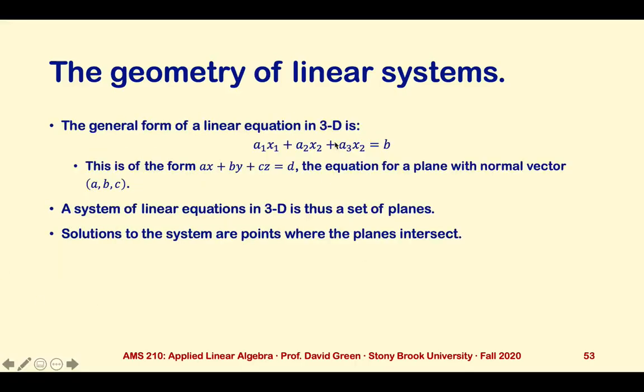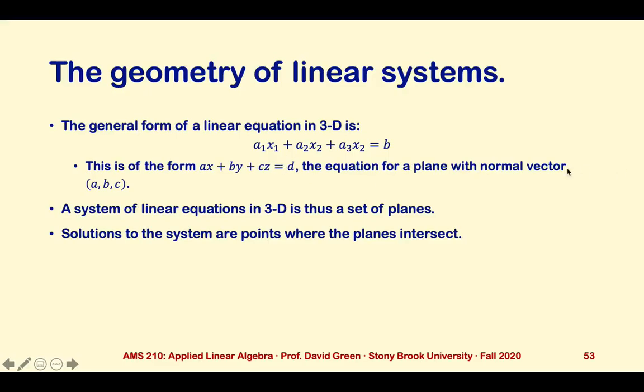In 3 dimensions, with 3 variables, the general form of a linear equation is something like this: a constant times the first variable plus a constant times the second plus a constant times the third equals a constant. This is a general equation of the form ax plus by plus cz equals d, which you may or may not recognize as the equation for a plane.